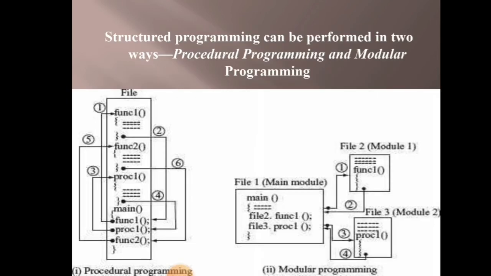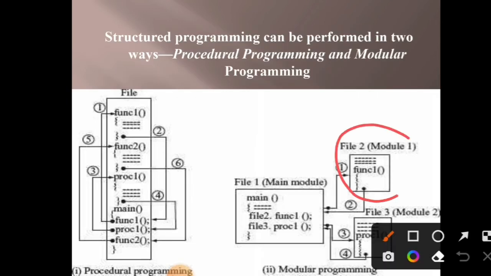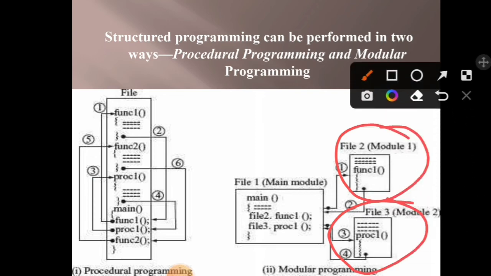So here this is module 1 and this is module 2. You can write any number of modules. This module is executed independently without depending on the other module. Every module is executed independently; these modules are not dependent on any other module.